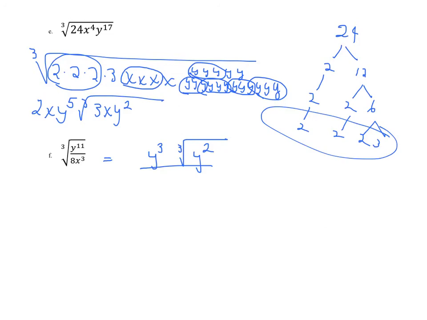Cube root of 8, 2 times 2 times 2, bring it out as a 2. And I am left with a triple of x's, which comes out as an x. I don't have anything left underneath. So to make it look pretty, you can write it like this. Nice, beautiful, or like this. Either way is good.